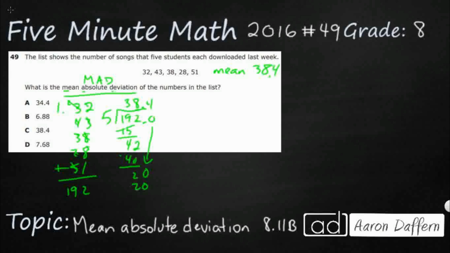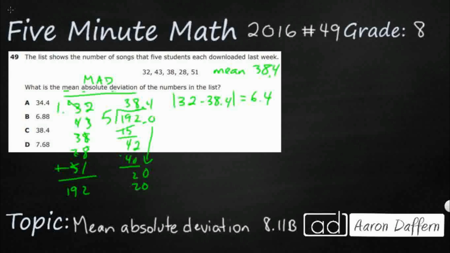Now I'm going to see how far each of these is from that mean, 38.4, and I'm going to use the absolute value. So 32 minus 38.4. We use the absolute value because I want positive values, so 6.4.